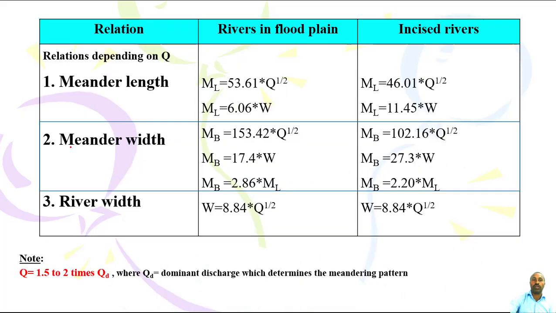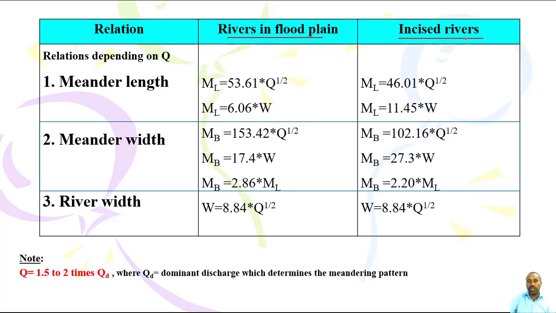So these are also the relationships among meander length, meander width, and river width. It depends upon rivers in floodplain and incised rivers. If you have a river in floodplain, you will use meander length according to this equation, 53.61 square root of Q. Or if you have river width, you can use this one.